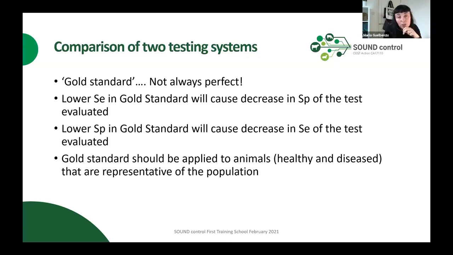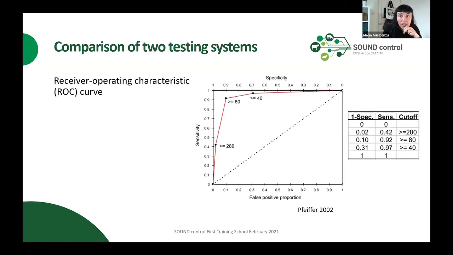But also another way that we have to compare tests is by using a ROC curve. So these are receiver operating characteristic curves, and what we are doing with them is to plot the sensitivity and the false positive proportion with different cutoffs.